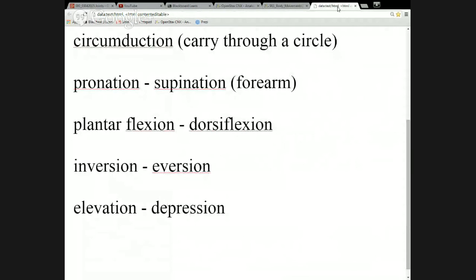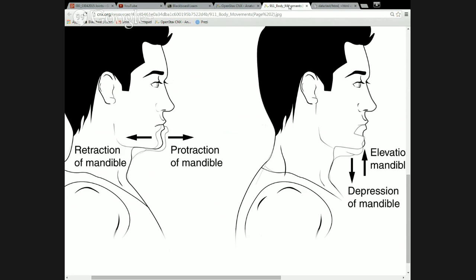Elevation means to go up and depression means to go down. So if you elevate your mandible, you're closing your jaw. If you depress your mandible, you're opening your jaw. Okay, which is in the picture here. Elevation and depression of the mandible, opening and closing your teeth or your jaw.